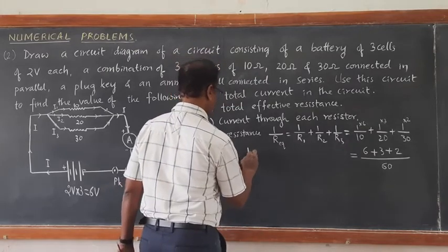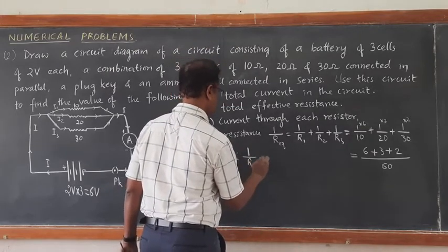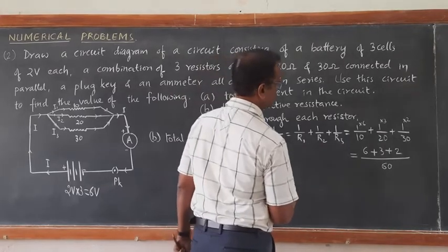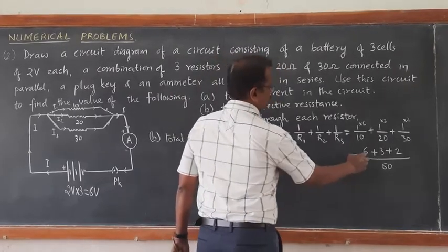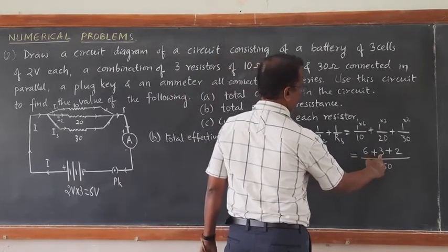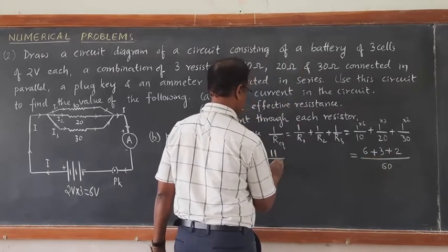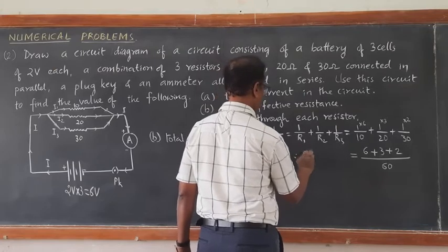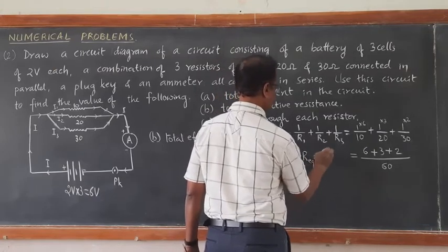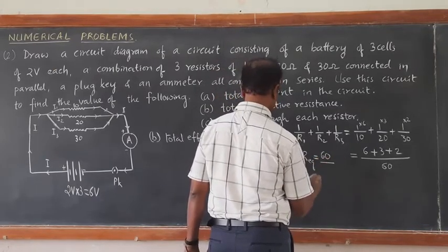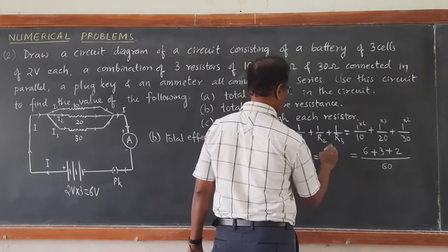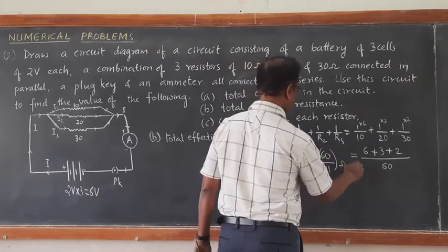Therefore, 1 by R equivalent is equal to 11 divided by 60. Therefore, R equivalent becomes 60 divided by 11 ohms.